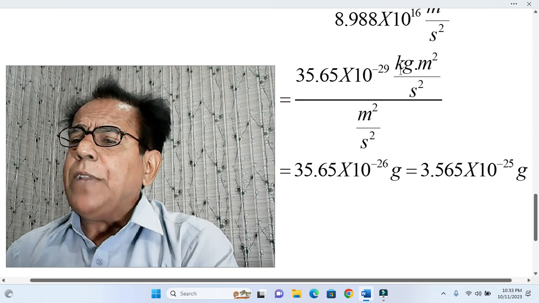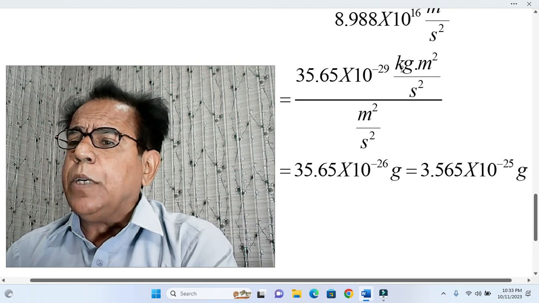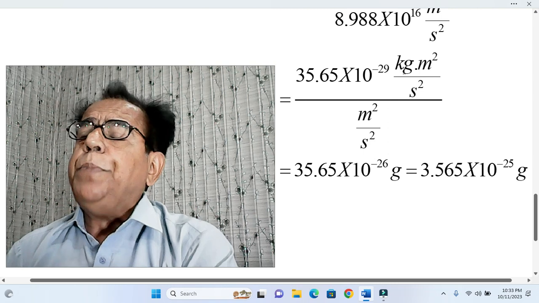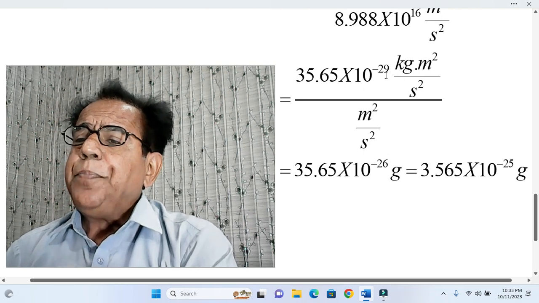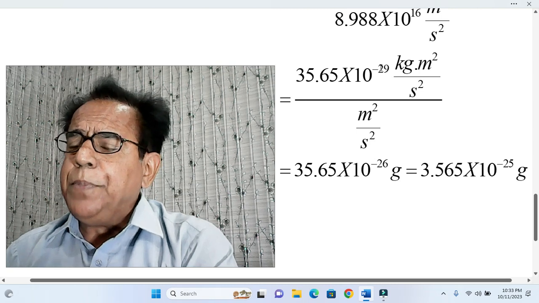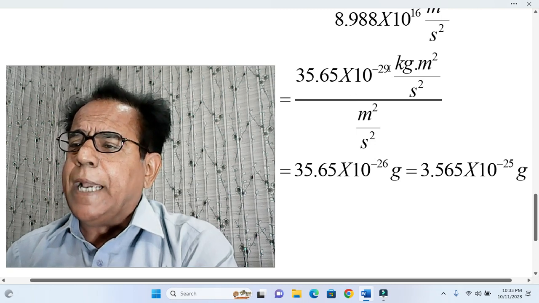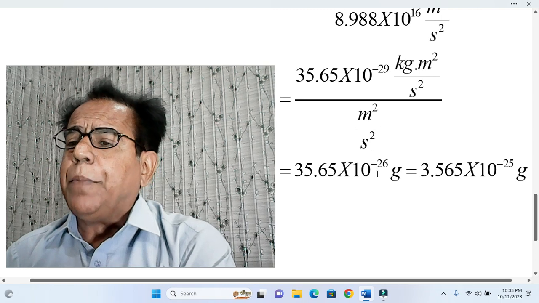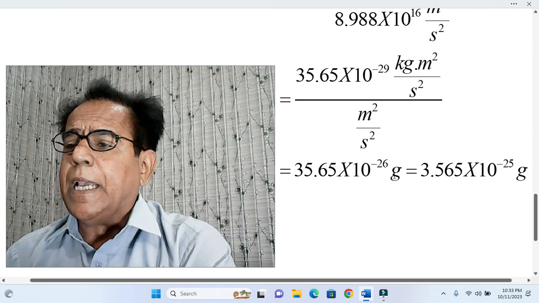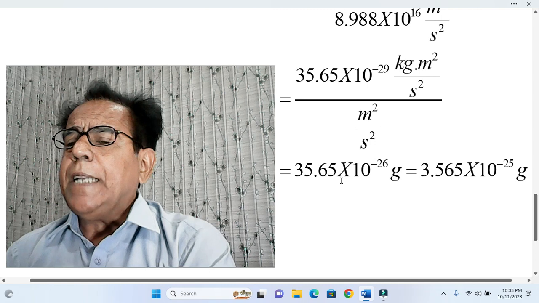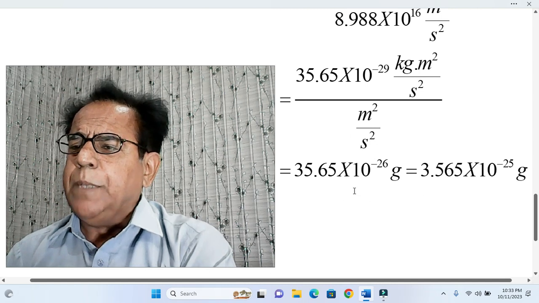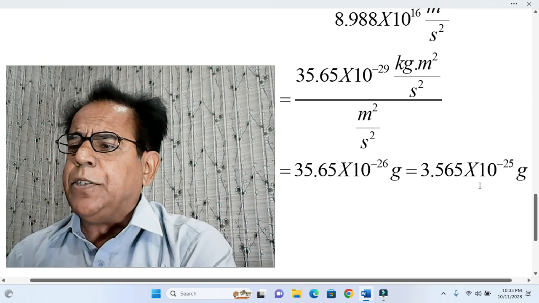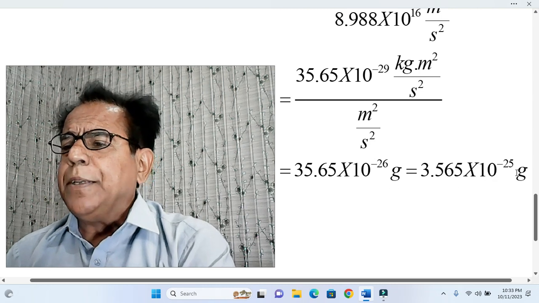When we convert kilogram into gram, kilo means 10 to the power plus 3, so 3 will be reduced from the exponent, and hence it will become 10 raised to the power minus 26 gram. It can further be converted in this form, 3.565 into 10 raised to the power minus 25 gram.